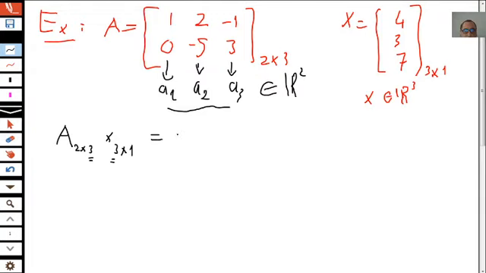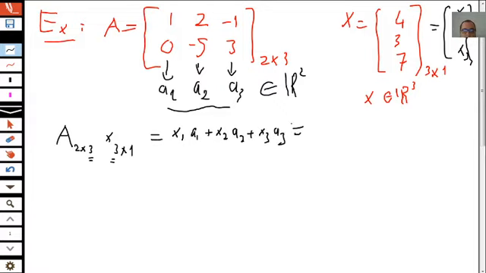So if you consider generally, x has the components x1, x2, x3. Therefore we write x1 times a1 plus x2 times a2 plus x3 times a3.